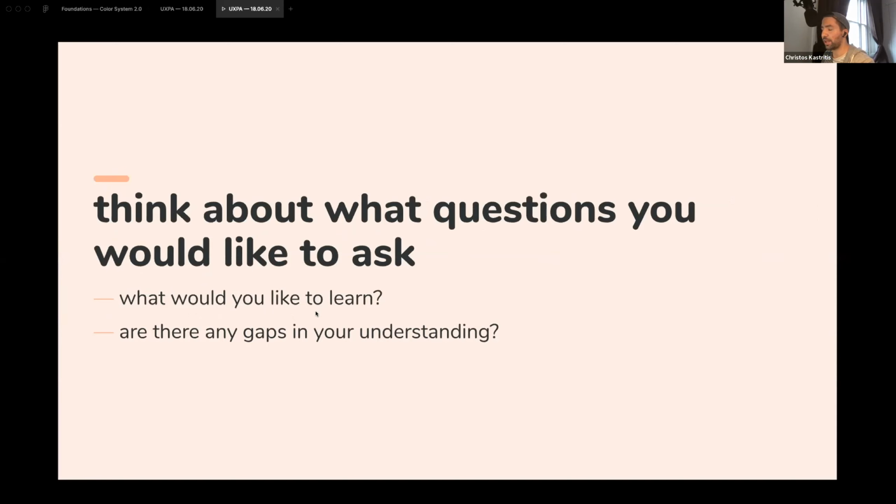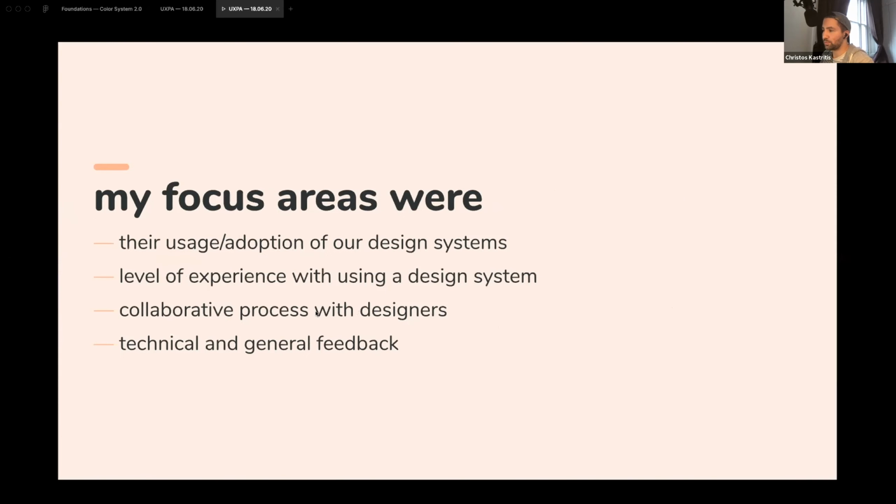And so really, I guess the hard thing with interviews is thinking about what questions you'd like to ask. What would you like to learn? And are there any gaps in your understanding? For myself, I really wanted to focus on trying to understand their usage or their adoption of our design systems. Were there particular parts of the workflow that they were using in comparison to others?